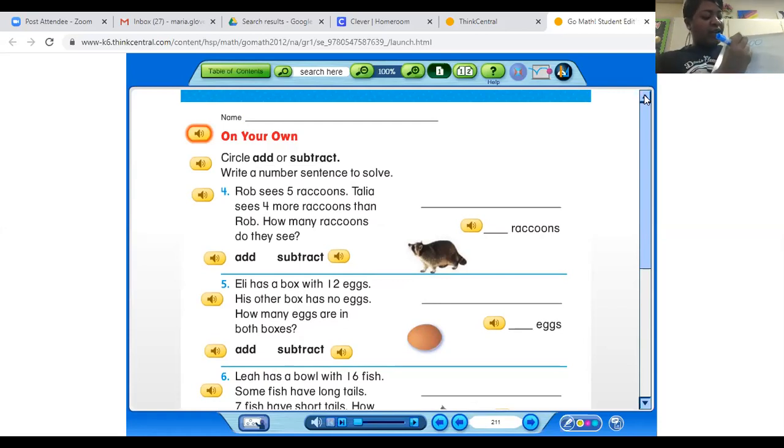All right. So let's see. That is 5 plus 9 equals 14. So that one we have to do a little thinking on.